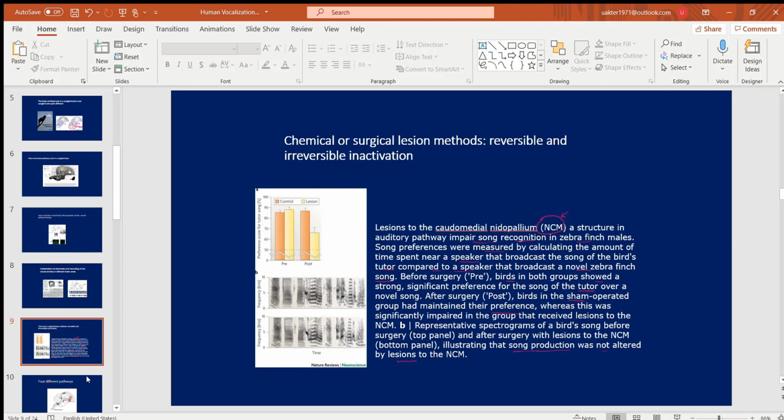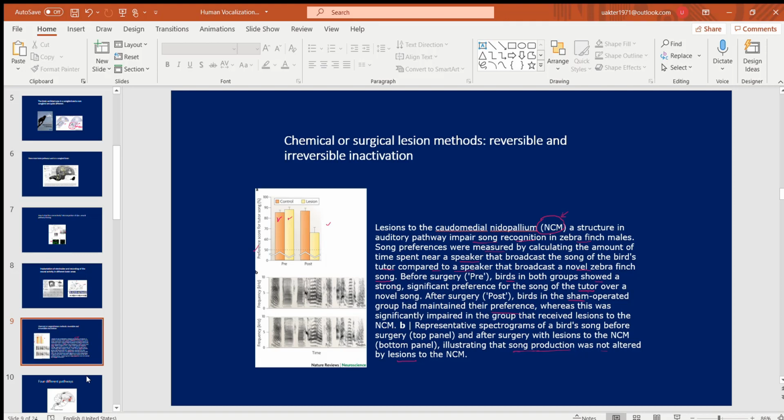And here in these histograms, you can see the preference score for tutor song, and they measured the preference by the behavior of the listener zebra finch, and here you see the control and lesion.